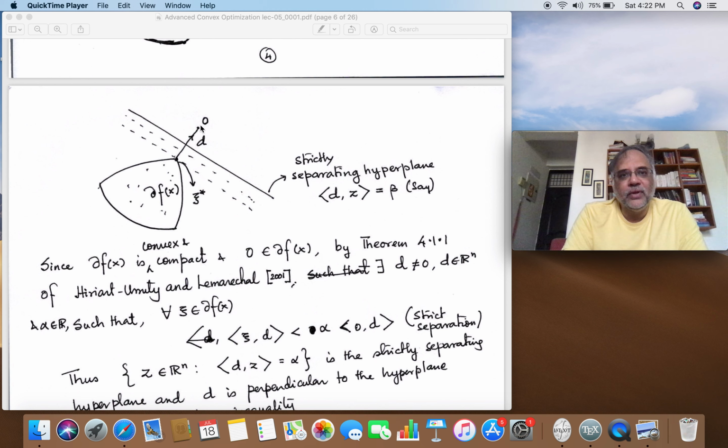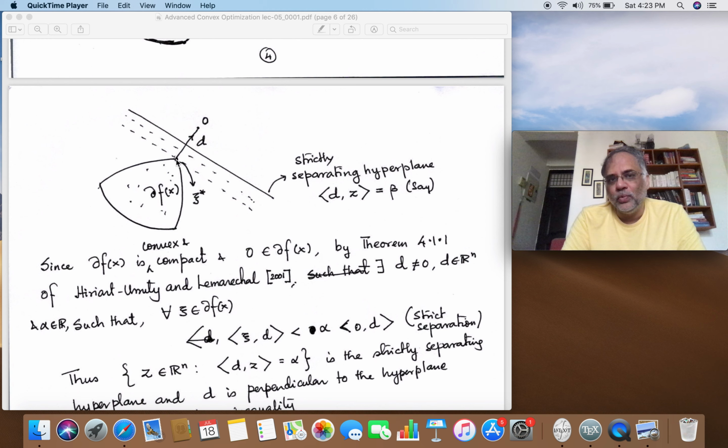So here, once you have taken a projection, you can draw a strictly separating hyperplane between 0 and the convex set del fx, which is perpendicular to the vector minus xi star. And if you just, in your imagination, push it down parallelly, it will become a supporting plane, at least for this image, to del fx at the point xi star.